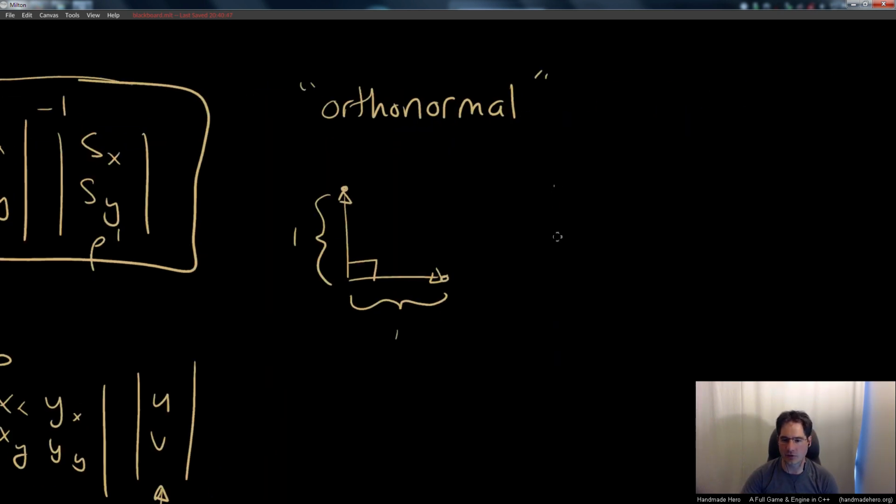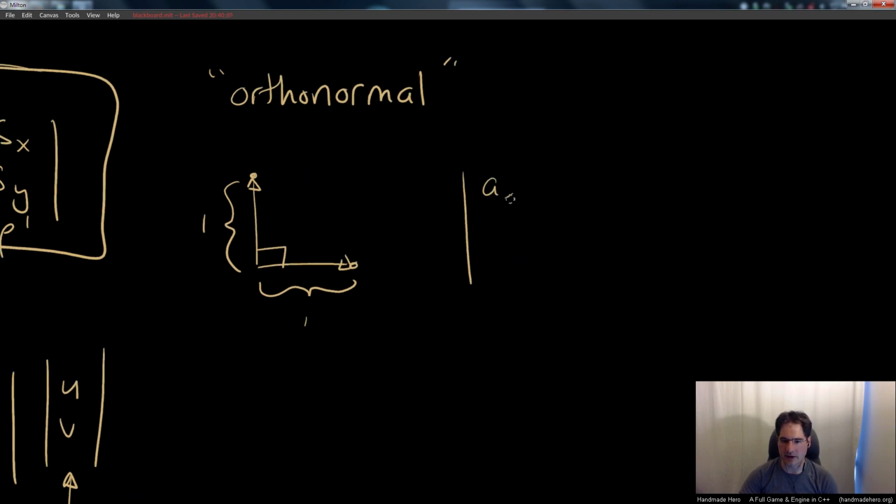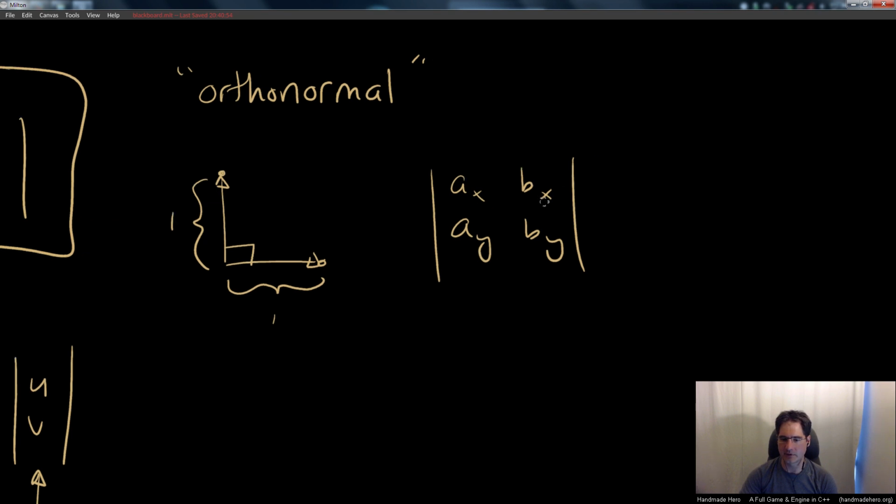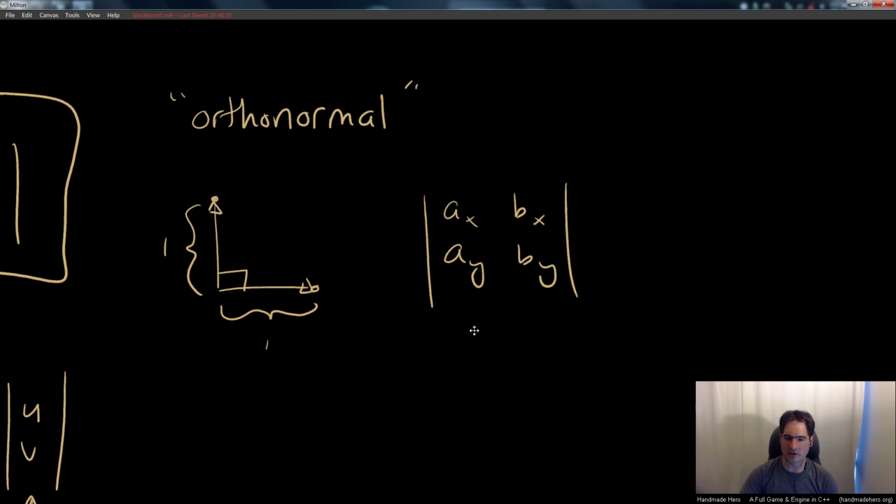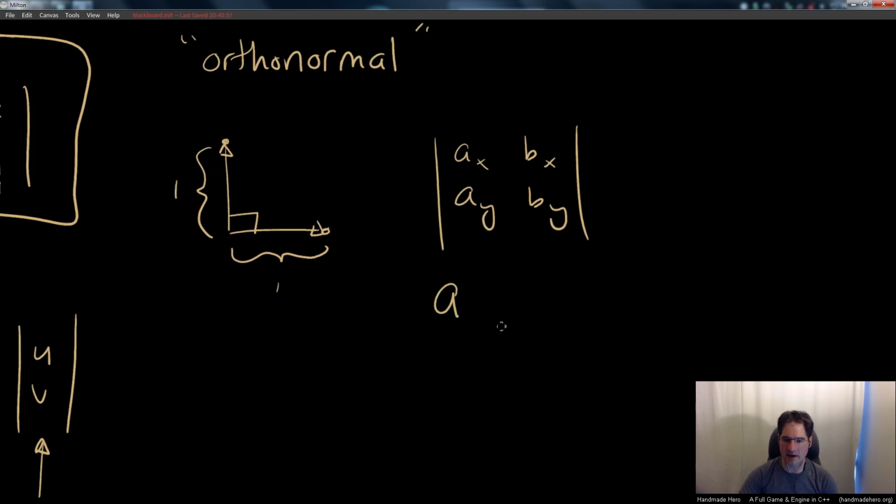If I have an orthonormal matrix that looks like ax, ay, bx, by, like this, right? And I know that A and B are orthonormal, right? So I have this, I know they're orthonormal.